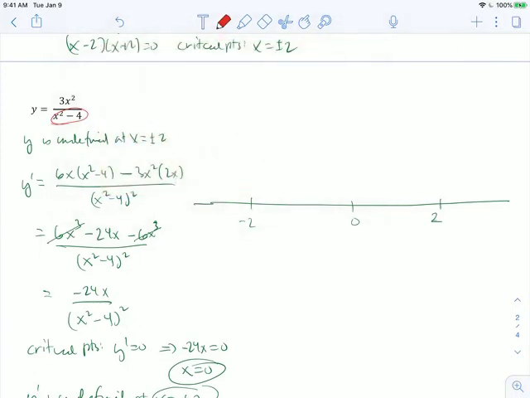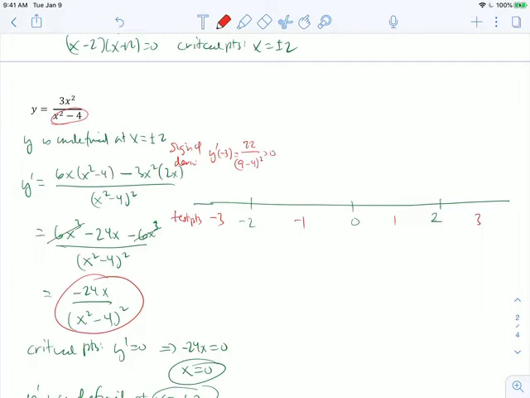So I'm going to pick my test points: -3, -1, 1, and 3. Then I need to look at the sign of the derivative. So y prime of -3 is going to be, and I'm going to use this expression down here to help me, -24 times -3 is 72 over 9 minus 4 squared.